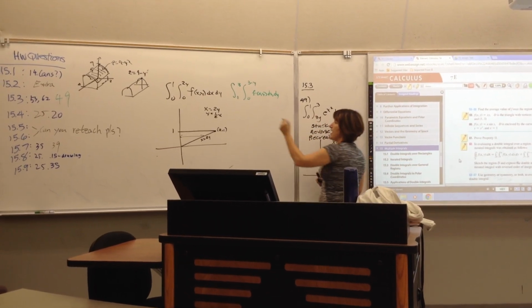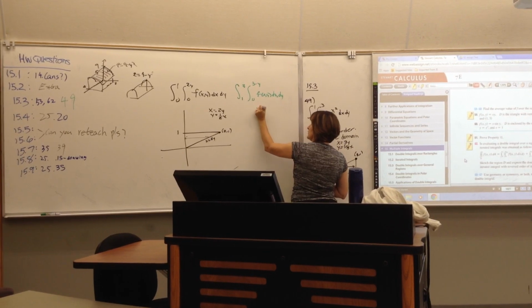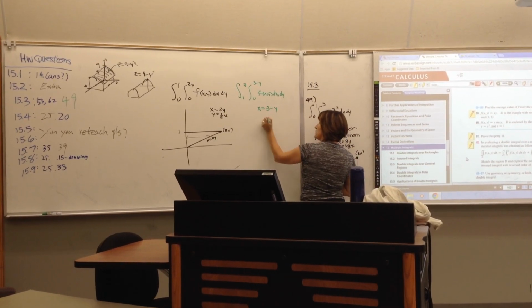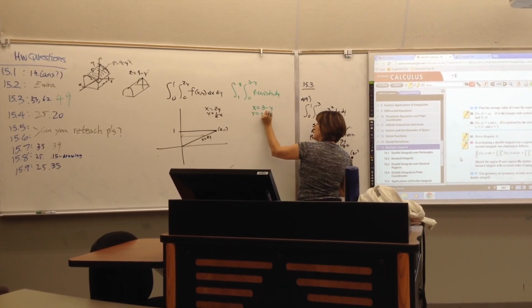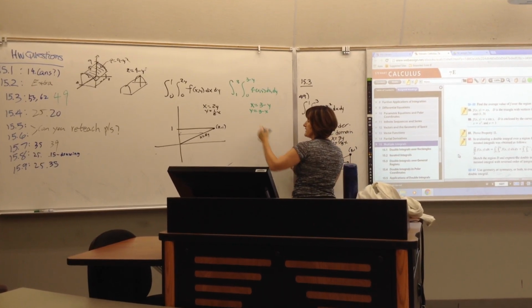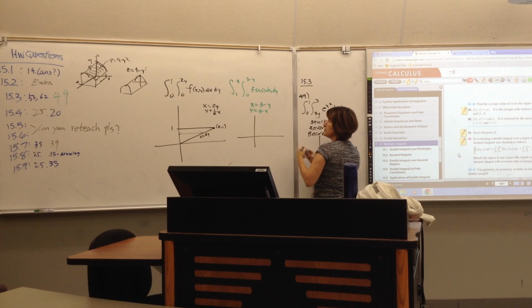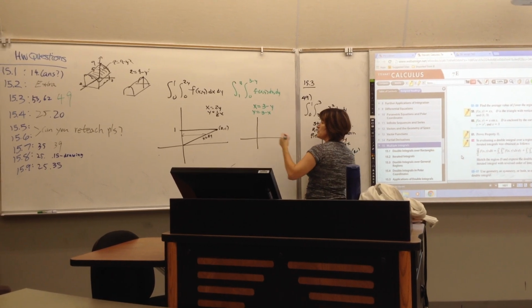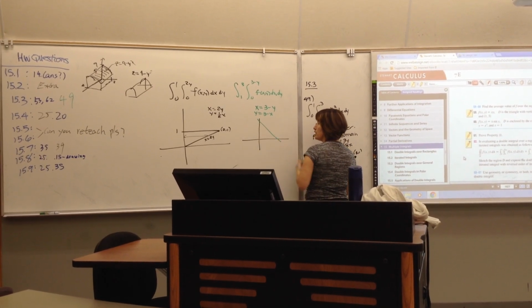Okay, so now x is going to 3 minus y, which is the same as y equals 3 minus x. And let me just do that over here for just a second. So x is going from 0 to 3 minus y.